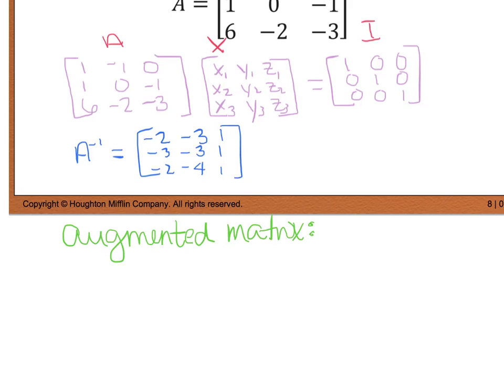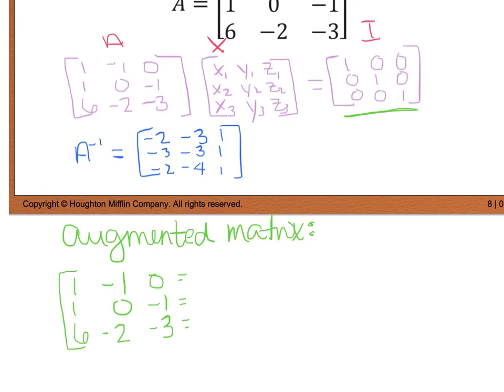We're going to take our matrix A, so my 1, negative 1, 0, 1, 0, negative 1, 6, negative 2, negative 3. And remember, with the augmented matrix, we're going to do the dots, and then I'm going to put my identity matrix, or this matrix right here, in as a 3 by 3.